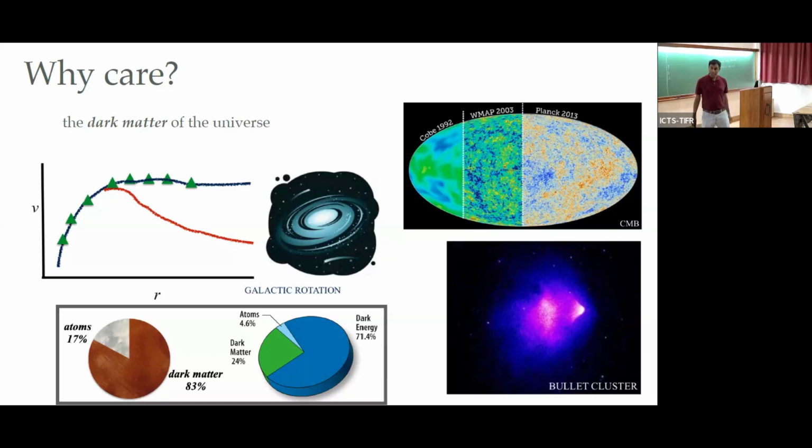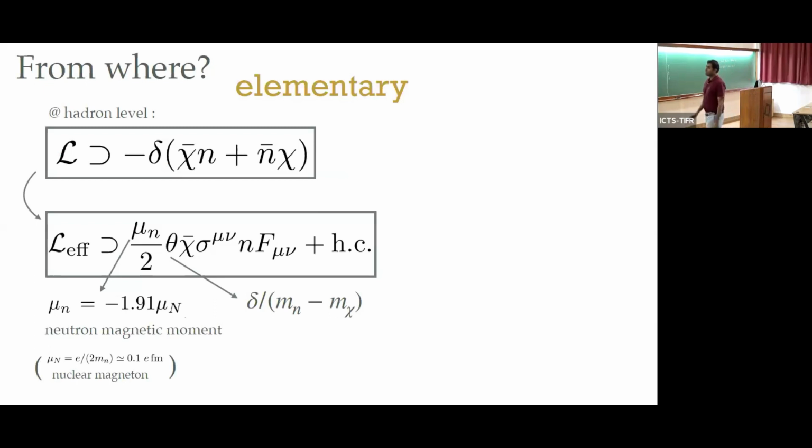There are many other motivations as well, but I'm just going to stop here as far as the motivations go. Now you might ask, where do these dark neutrons come from? Dark neutrons could either be elementary or composite. We know the neutron is a QCD composite, but dark neutrons need not be composite.